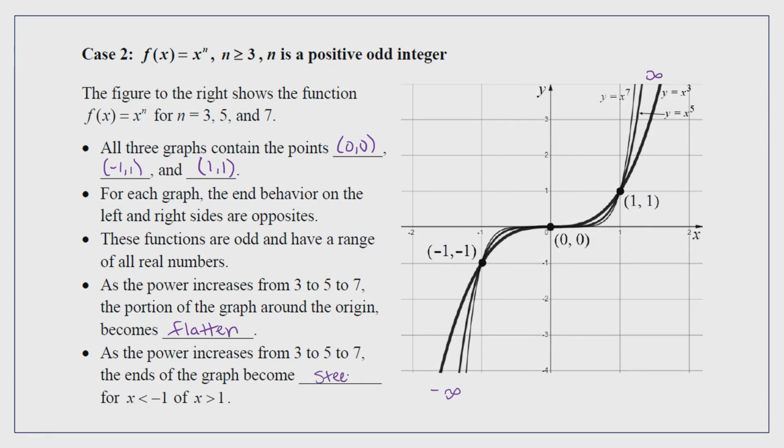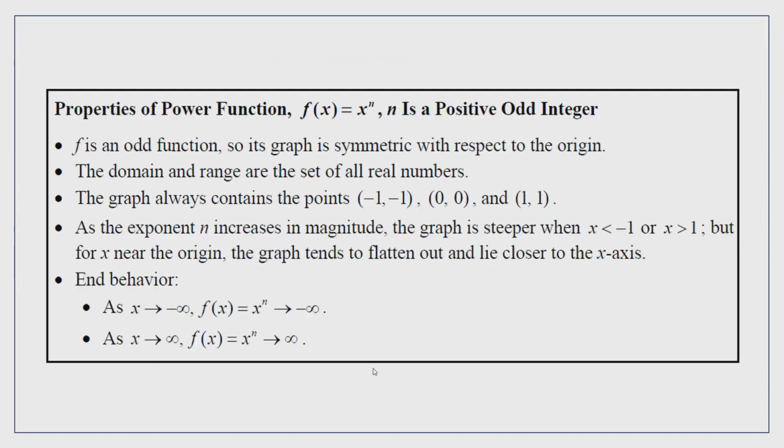And this is for when x is less than -1 and x is greater than 1. So it's similar, some different characteristics, but similar concepts between the odd integer and even integer power functions.